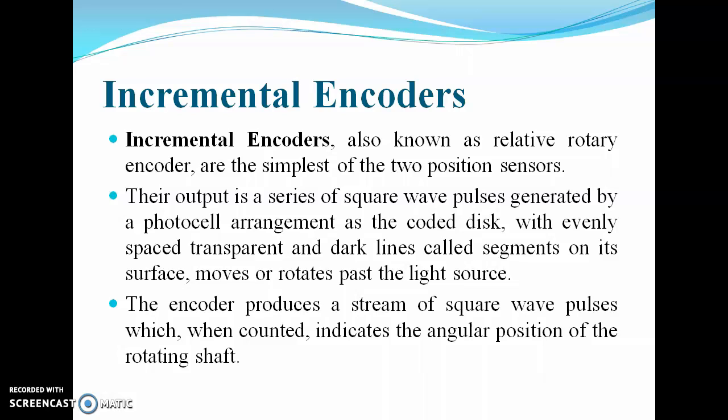Their output is a series of square wave pulses generated by a photocell arrangement as the coded disk, with evenly spaced transparent and dark lines called segments on the surface, rotates past the light source. The encoder produces a stream of square wave pulses, which when counted indicates the angular position of the rotating shaft. How? Let us see in the next slide.